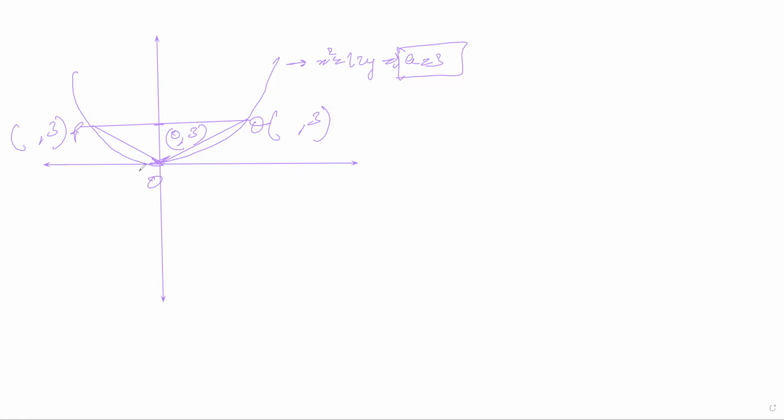It was pretty simple, 4a, right? So the length is 4a, and so this should be divided as 2a into 2. This would be 12, hence these coordinates are (6,3) and (-6,3).